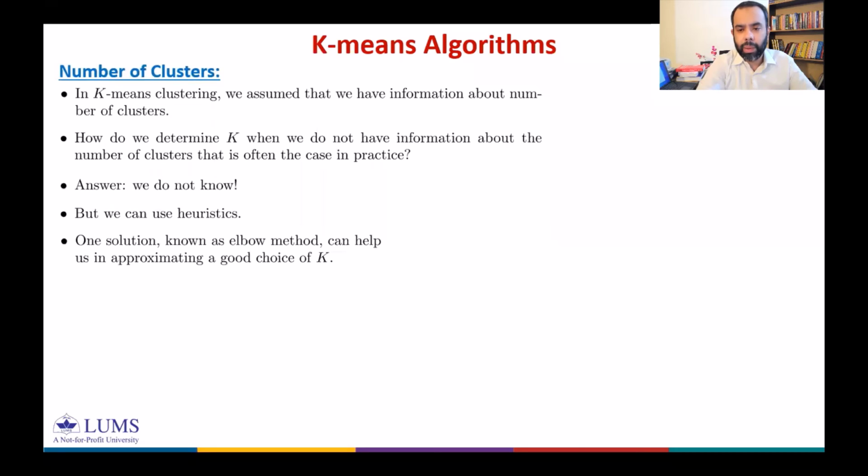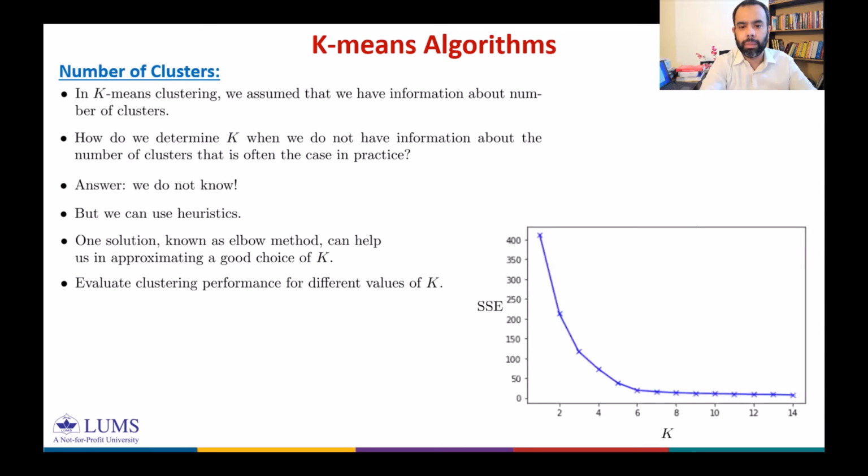In this method, we evaluate the performance of clustering for different values of K. For example, we use SSE, sum of squared error, as a performance metric, and we plot it versus K. We run the K-means algorithm for different values of K, and we obtain SSE for each value of K. Usually we get this plot. We do not get this nice smooth curve in practice, but we often get a decaying curve, and eventually it saturates at some value of K.